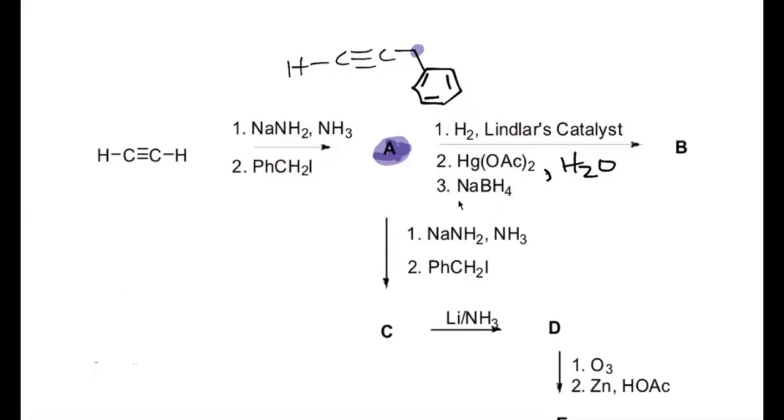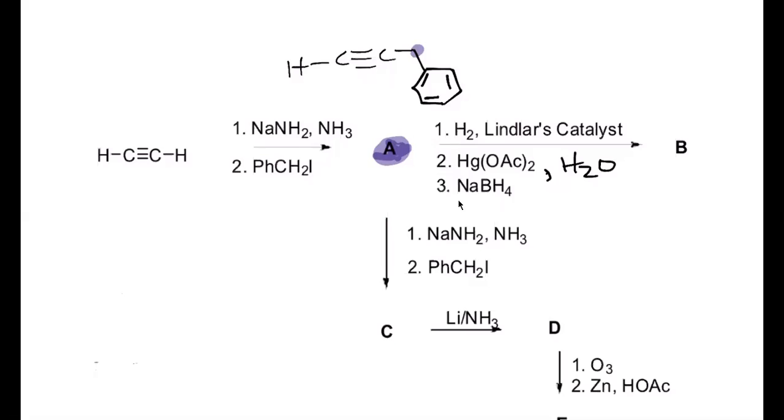Okay, I get that we took the first alkyne, reacted it with the top number 1, then reacted with number 2, and you said we get A. Look above the A. You see the product? That's what we get from that first sequence of reactions.